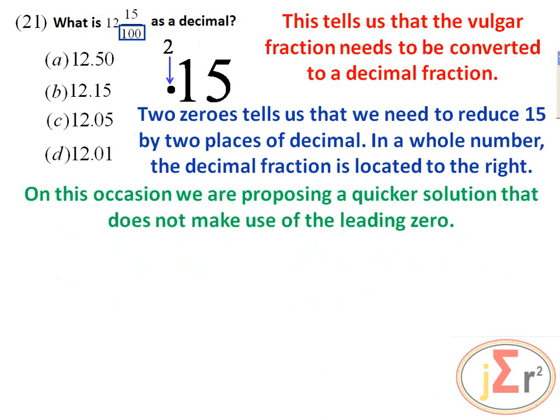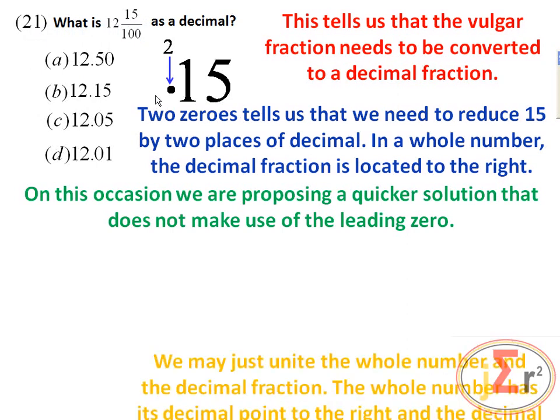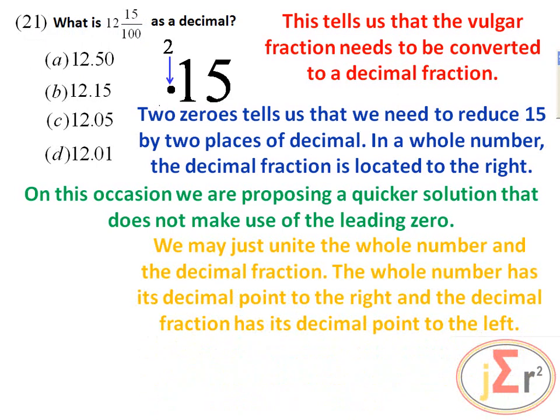On this occasion, we are proposing a quicker solution that does not make use of the leading 0. So we will not put the 0 here because our solution will not take that route. We may just unite the whole number and the decimal fraction.